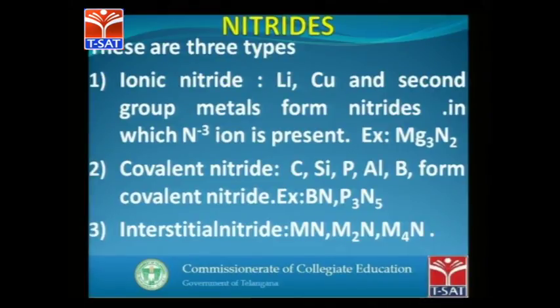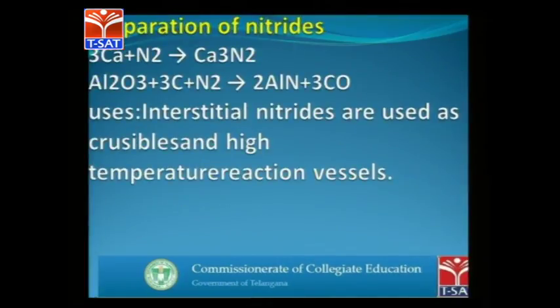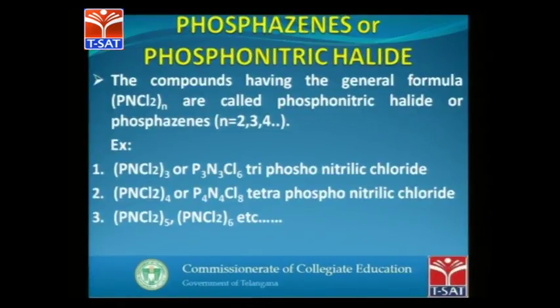Just like carbides, they are also classified into 3 types, out of which boron nitride has very important applications. We can prepare different nitrides, calcium nitride and aluminum nitride, by directly combining metal with nitrogen, or by reduction of oxides or chlorides with nitrogen in presence of coke.